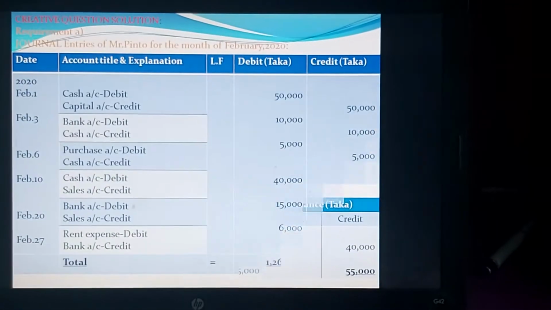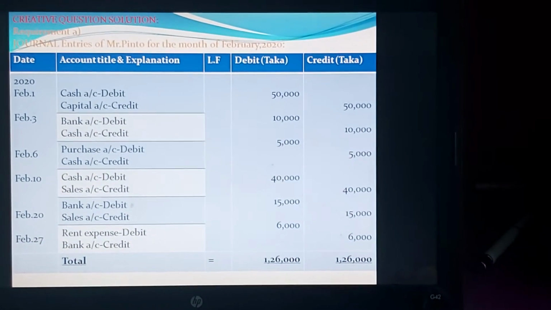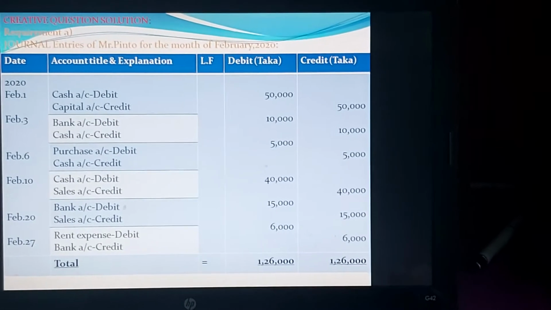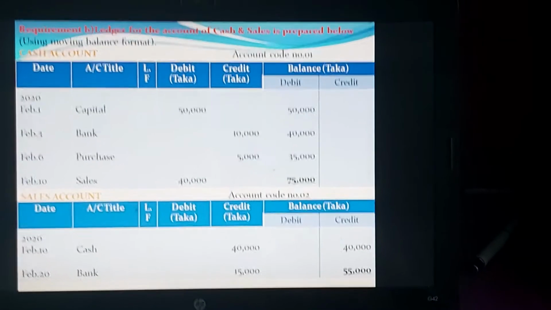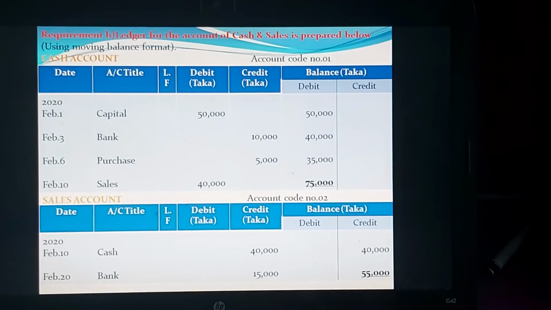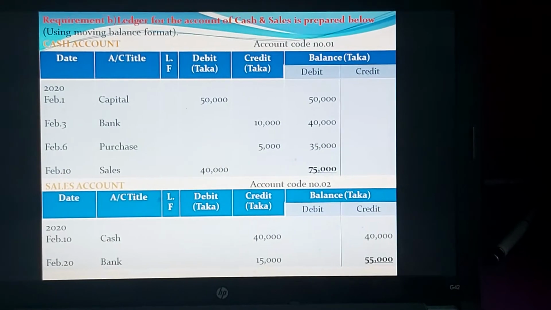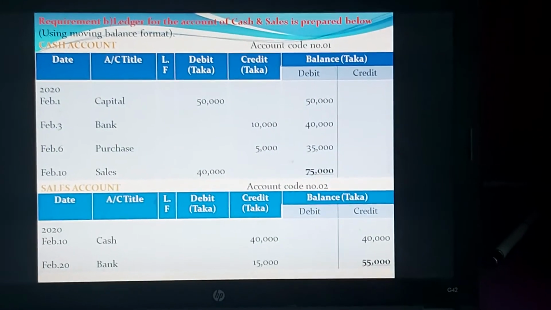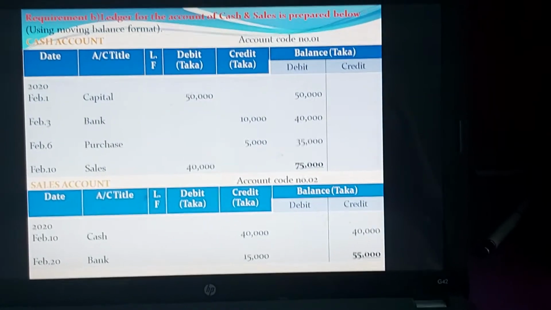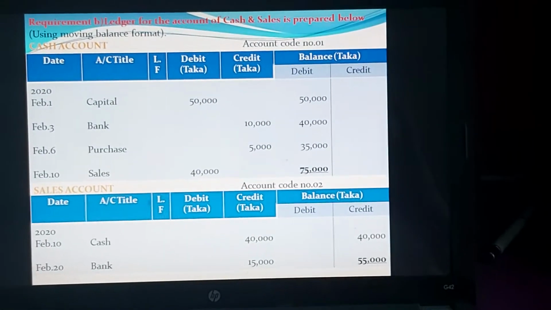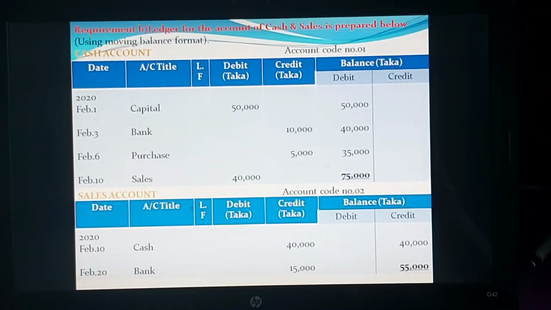Again, you can go to the journal. February 20 bank debit, sales credit. Again, you write in the sales account February 20, bank account in the account title column and credit taka column 15,000. At this moment credit balance is available for taka 40,000 and new posting for credit amount 15,000.